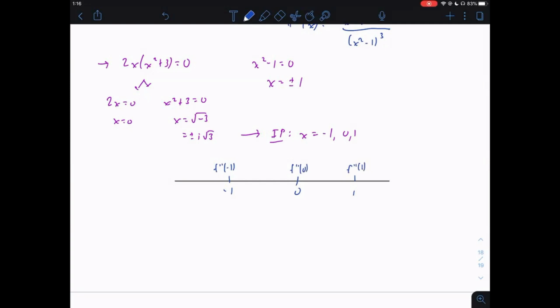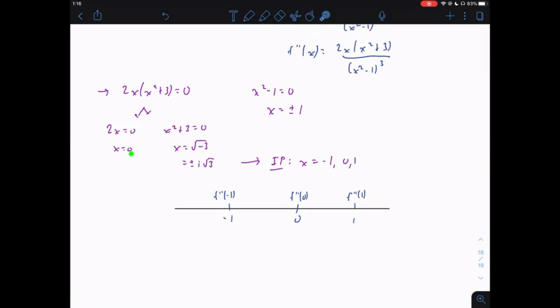You've got to be careful with this part. 0 was a solution from the numerator, meaning if we plug 0 back into the second derivative, it's going to give us 0. But -1 and +1 came from the denominator, meaning if we plug these two values back into the second derivative, it will make that function undefined. DNE, does not exist.